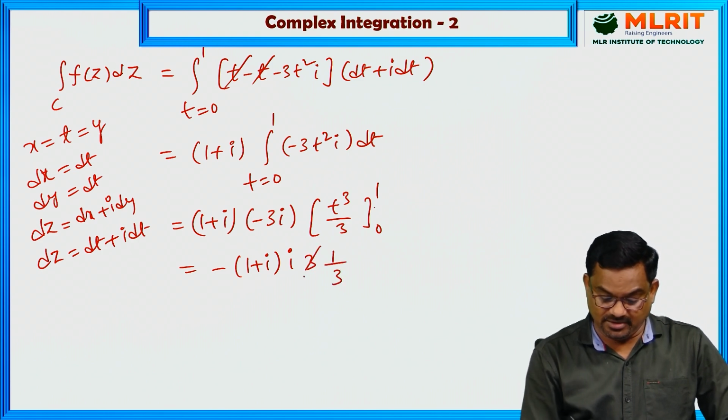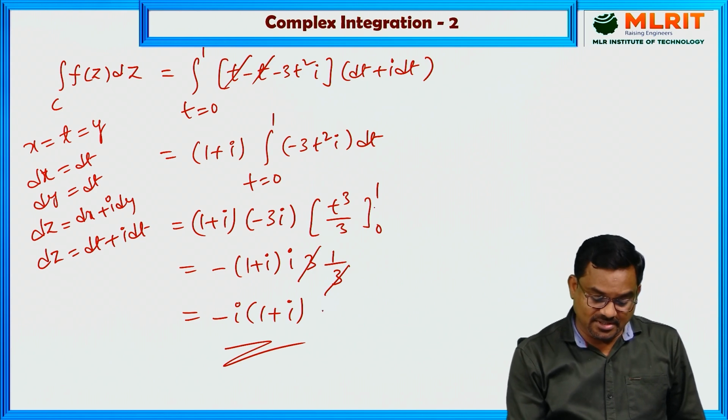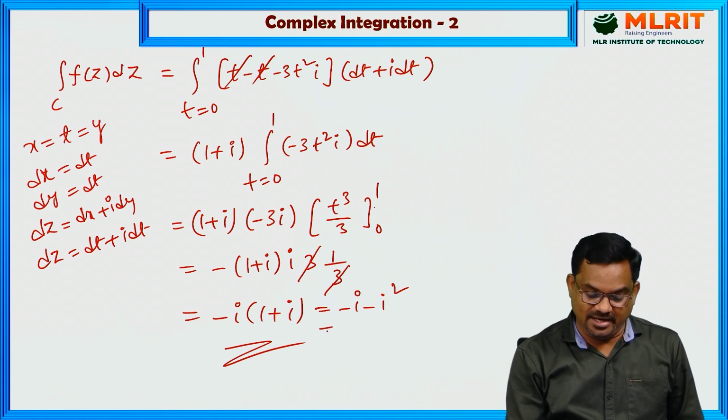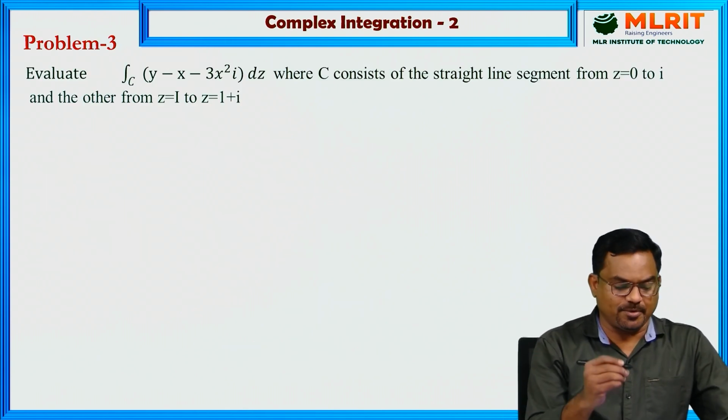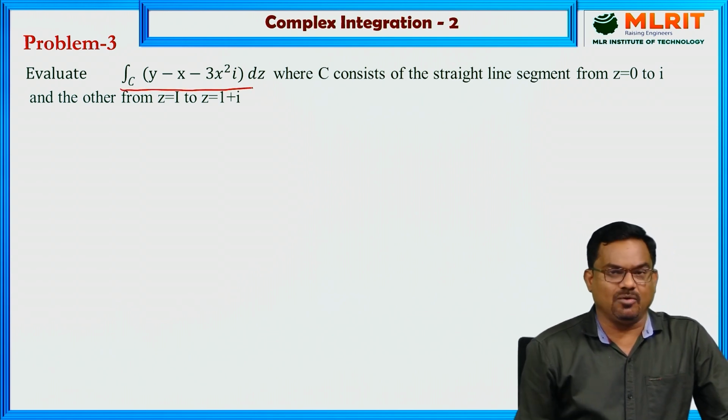So 1 by 3, these two get cancelled. So the answer is minus i into (1 plus i). We can simplify this as minus i square, and we know that i square is minus 1, hence this is 1 minus i.